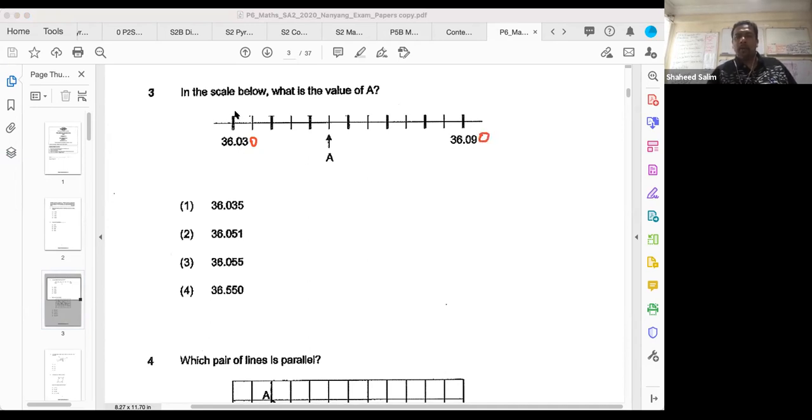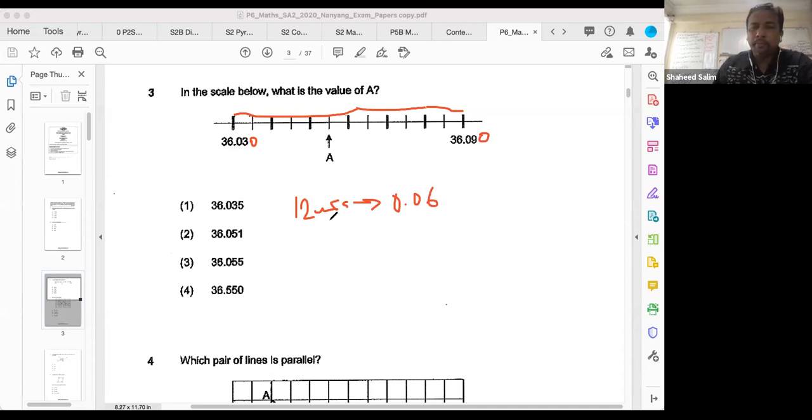So what do I do? I will count from here to here. How many units are there? So it's 1, 2, 3, 4, 5, 6, 7, 8, 9, 10, 11, 12. 12 units. But what does this 12 units equal to? I take this minus this. What do I get? I get 0.06.